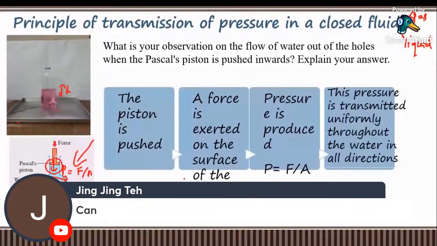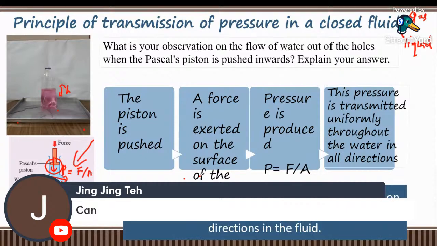So from here, we can see the pressure that acts on the surface of water can be transmitted. Boleh dipindahkan. Itu equally. Okay. That's where the Pascal principle comes from.